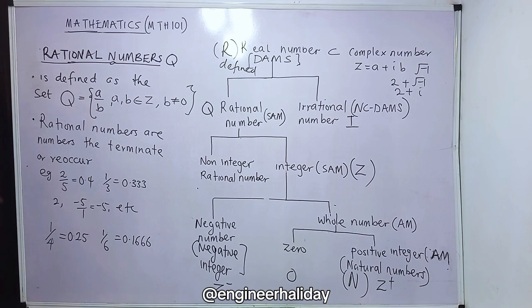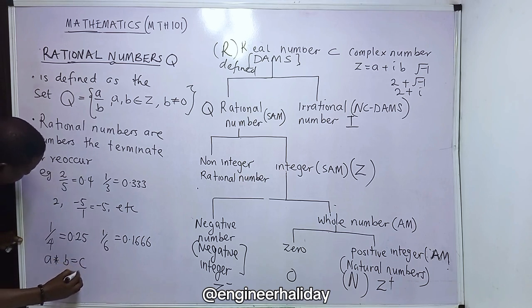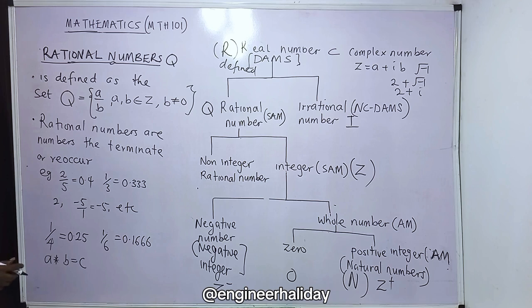Now let's go on. What are the closure properties of rational numbers? Let's say A operates on B to give us C. Don't forget that rational numbers, I told you, are a superset of integers and natural numbers.